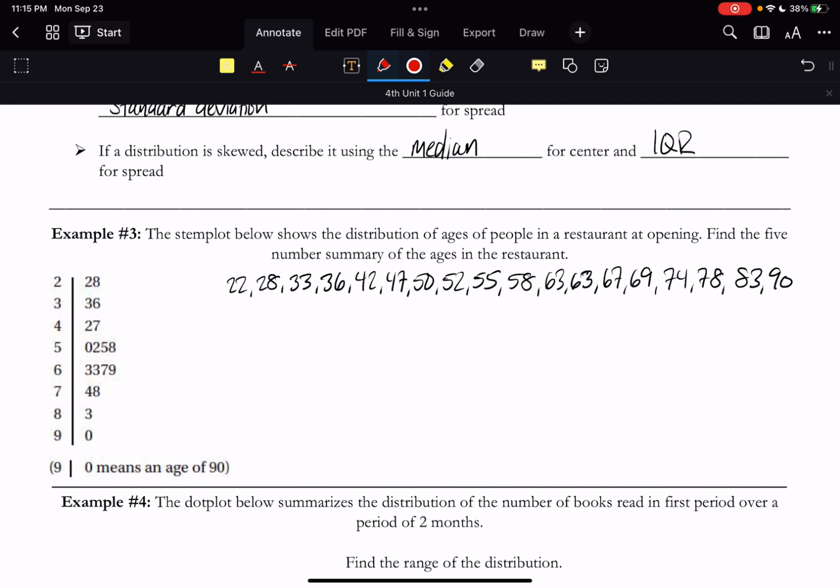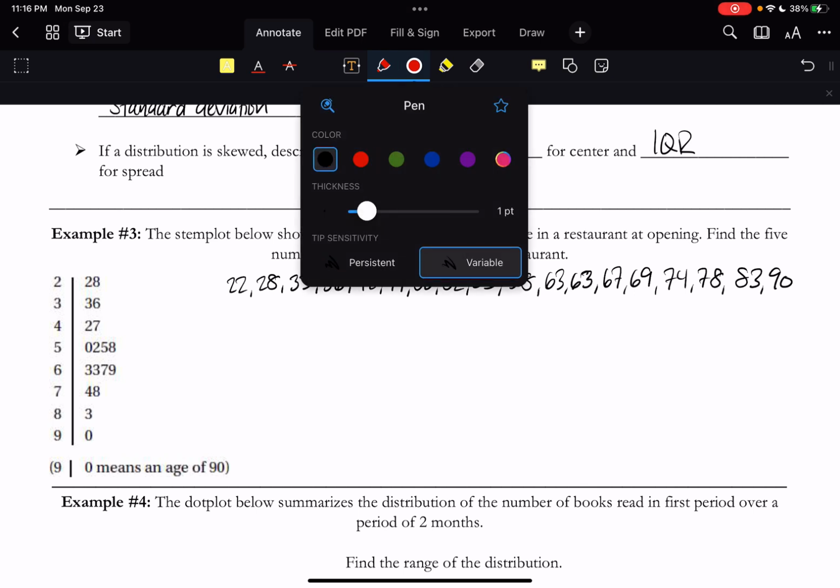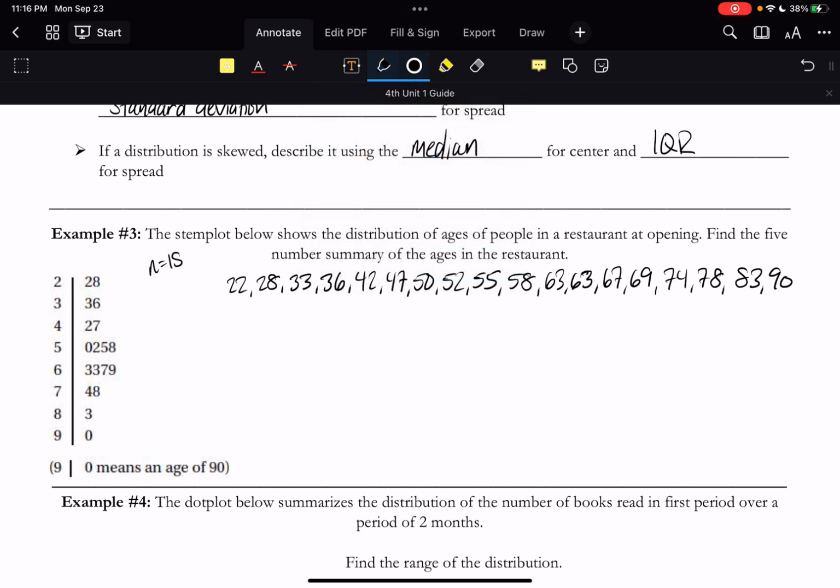Okay, so to start finding the 5-number summary, I need to find the median. If I count this up, 1, 2, 3, 4, 5, 6, 7, 8, 9, 10, 11, 12, 13, 14, 15, 16, 17, 18 data points. So I need to split 9 and 9. 1, 2, 3, 4, 5, 6, 7, 8, 9. So I'm going to split right down the middle.